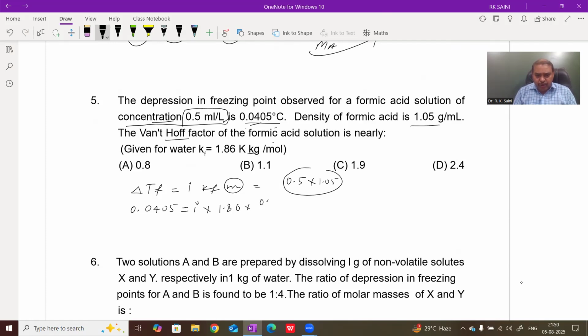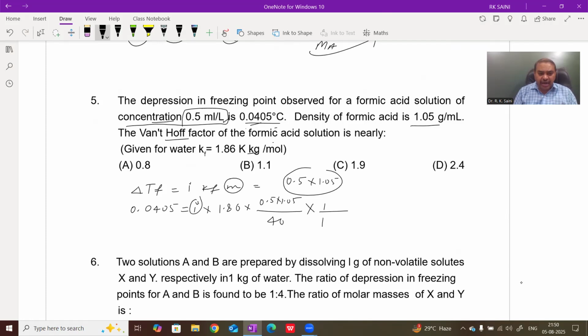It is the weight of formic acid, 0.5 into 1.05, and its molar mass is 46, and these moles are present in 1 liter. 1 liter water means 1 kg water because the density of water is nearly 1. Therefore, your answer is nearly this.